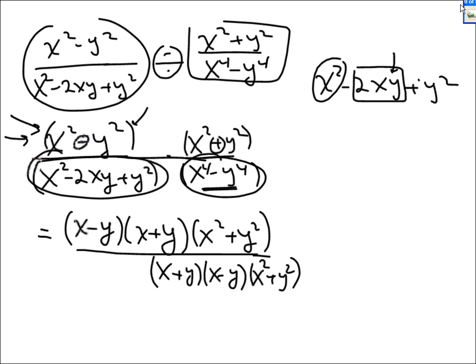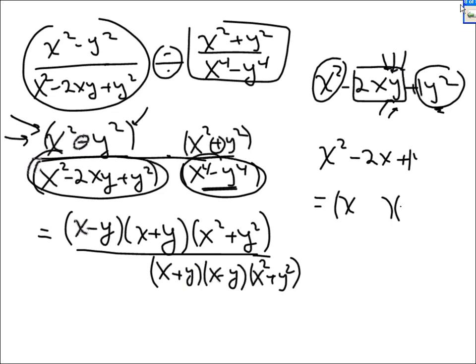And in the constant, I mean, there's an understood one there. But in the constant, you have that y squared. That tells you temporarily you could ignore the y and the y squared. And factor this.